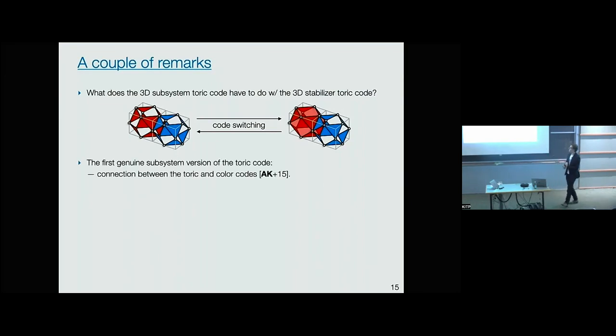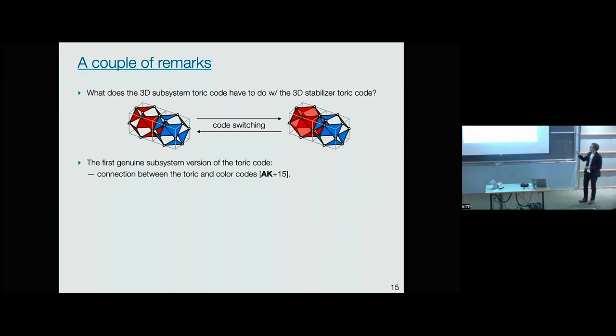So another remark that I would like to make is that this model is the first genuine subsystem version of the toric code. And this is quite interesting because there's this intimate connection between the toric and color codes, between subsystem toric code and subsystem color code. Namely, they are equivalent. The color codes are multiple copies of the toric code.